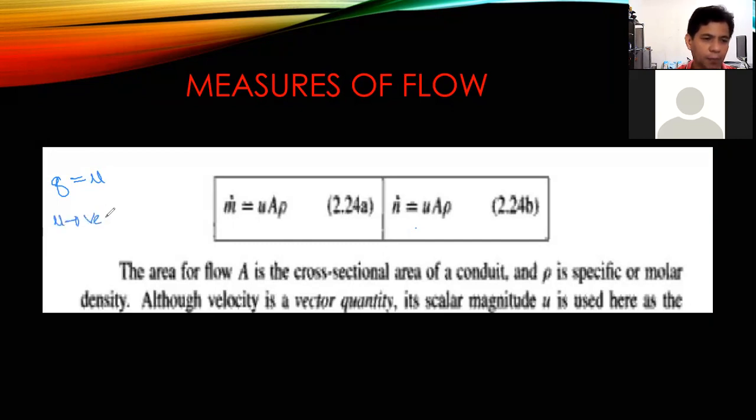It's the velocity of your fluid times the area of the pipe. No? So halimbawa, imagine niyo ito yung pipe. Di ba ito yung area niya, yung cross-sectional area niya. So pag minultiply niyo yung velocity ng fluid sa loob, ng area, you're going to get the volumetric flow rate.